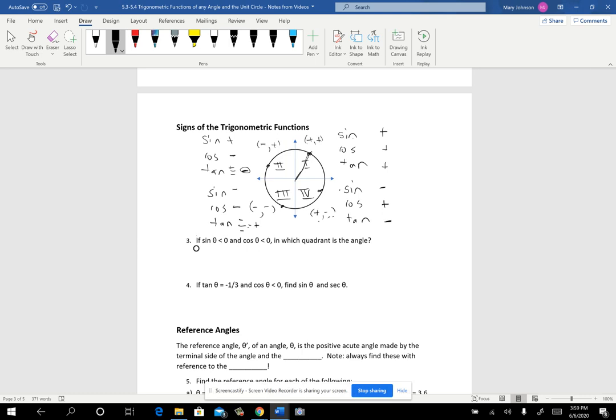All right, now this isn't something to memorize. It's really easy to think about. If you associate sine with the y coordinate, then that means sine is positive whenever you are up. Sine is positive whenever you have to go up when plotting a point. So I usually think of it that way. So sine is positive in the first and second quadrants because the y coordinate is positive there.